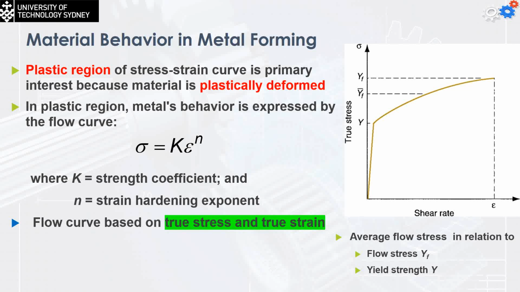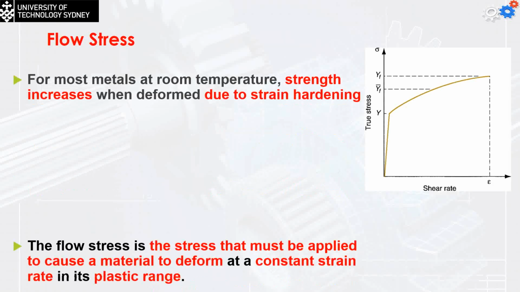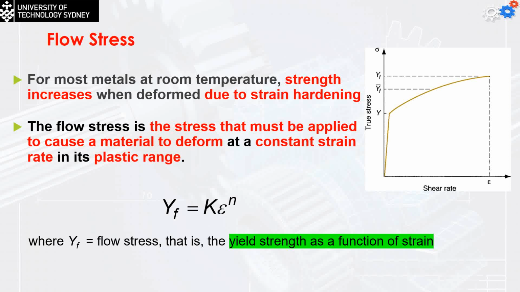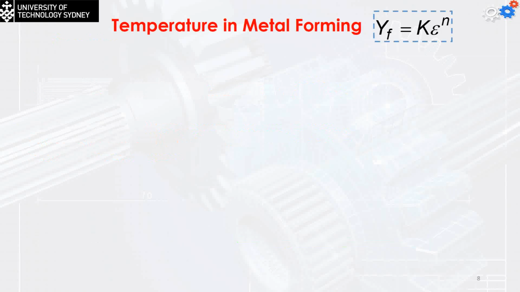So now, if this flow stress is the stress required to make the material deform, what's your plan as an engineer? You need to save power when you do the work. To save power, we need to reduce this value, right? And that's what we're going to see next, depending on the process we are going to make in the deformation. The temperature is going to reduce the value for the YF.